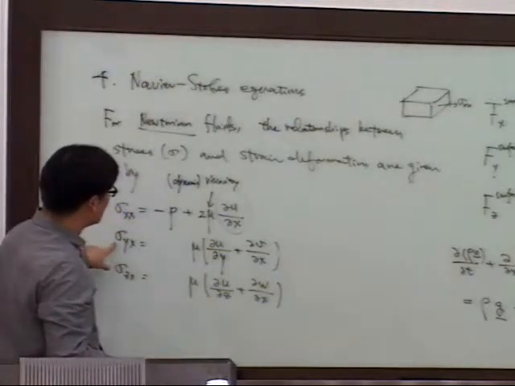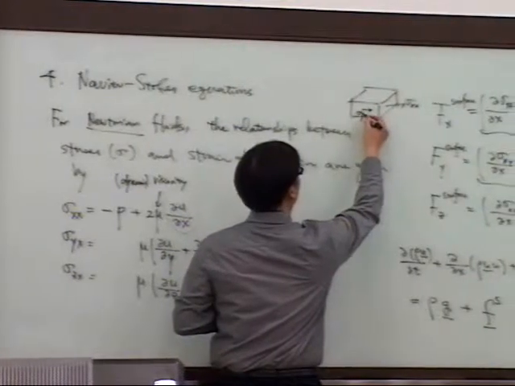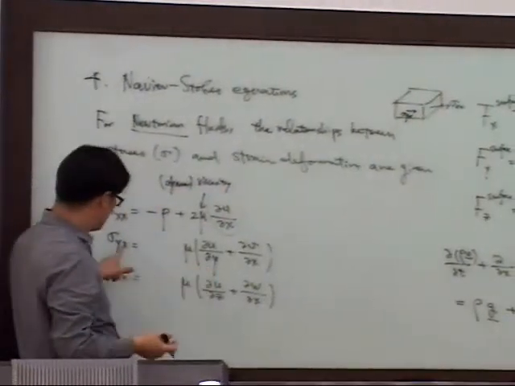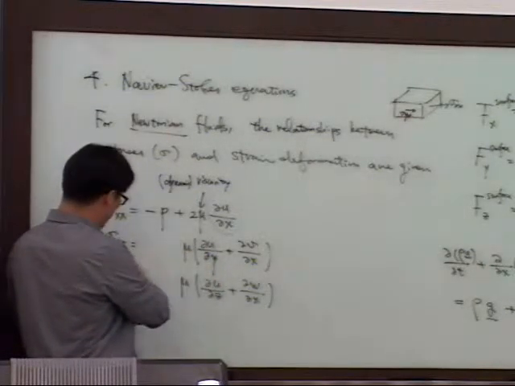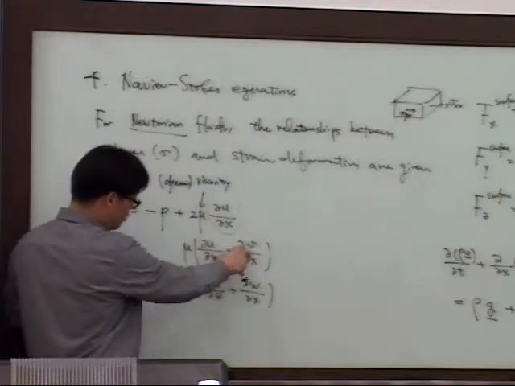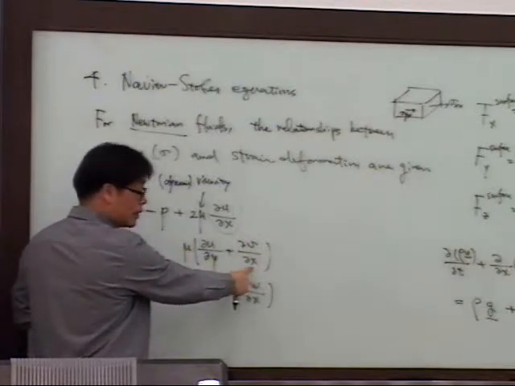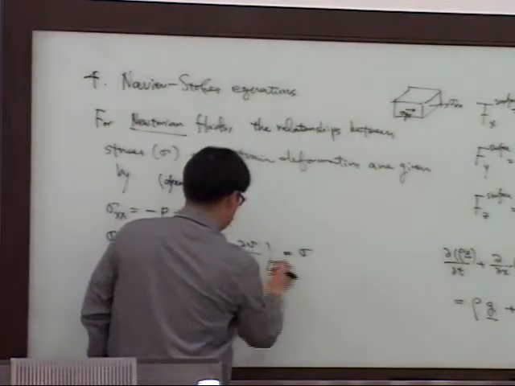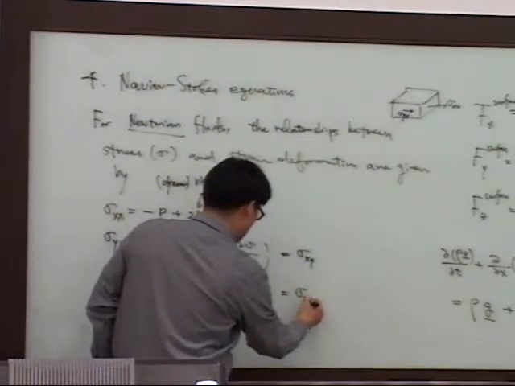And likewise, the sigma yx can be represented by strain like this. So here you have x, you have u, and you have the y derivative, and then you flip, and this is the y component and the x derivative. By noticing that, you can see this has to be symmetric.